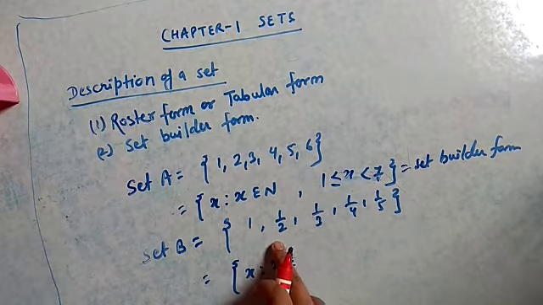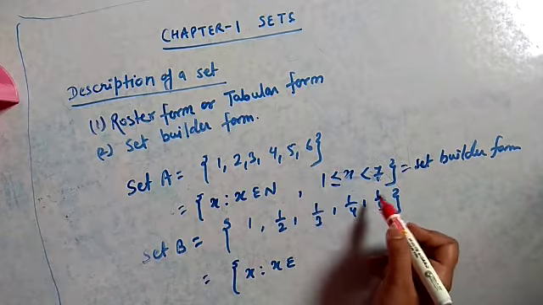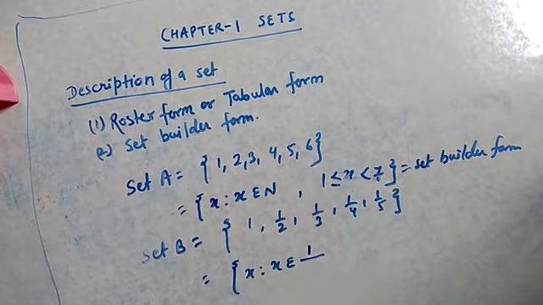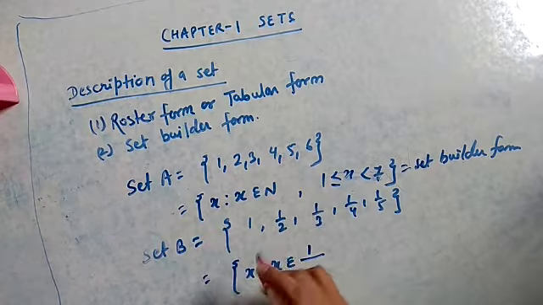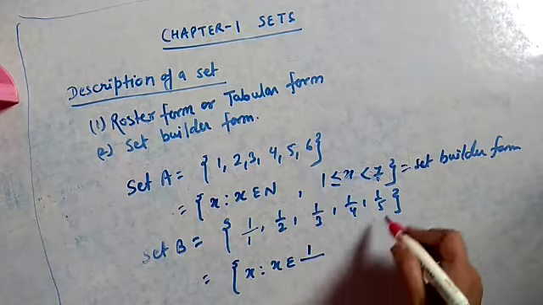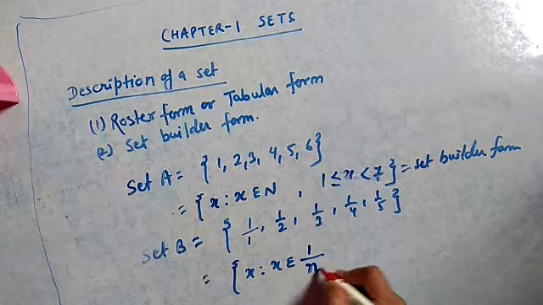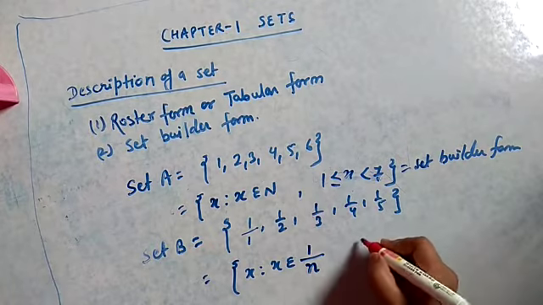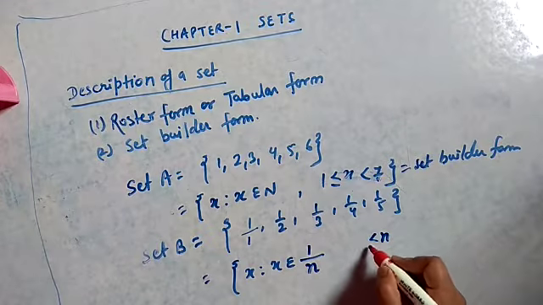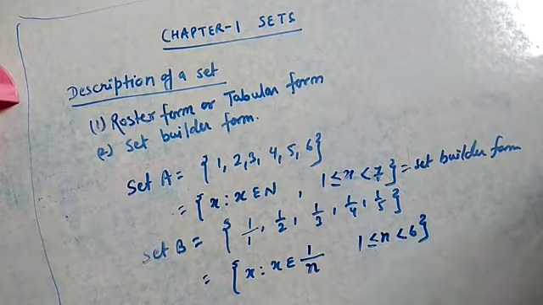So you will observe that the numerators of all the numbers are 1. So we will write 1 by n. The denominators are 1, then 2, then 3, then 4, then 5. So n belongs to greater than or equal to 1 but less than 6.